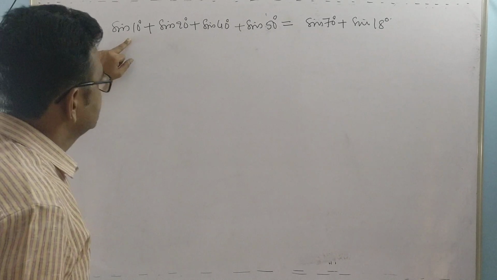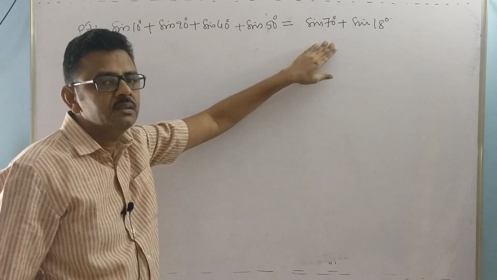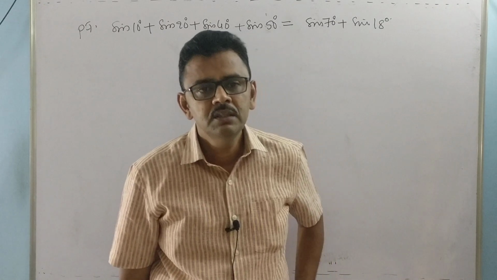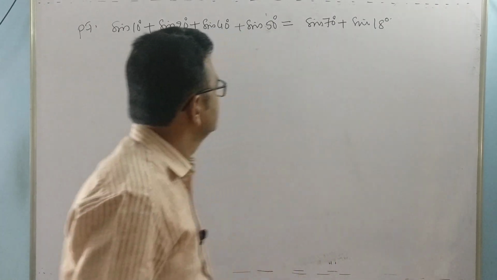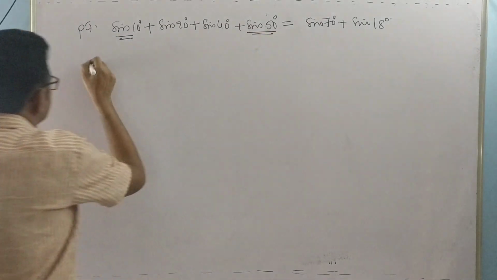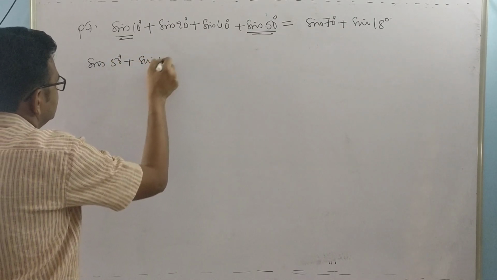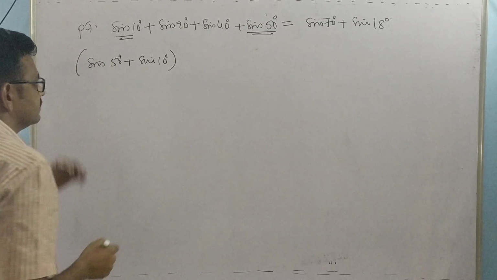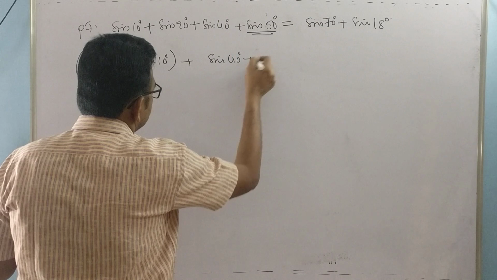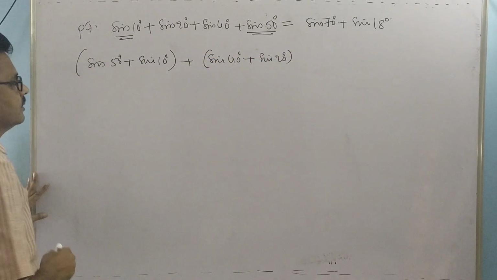So prove this result. This transformation completely depends on only four formulas: sin C plus sin D, sin C minus sin D, cos C plus cos D, and cos C minus cos D. Now you can write these as one combination, that is sin 50 degrees plus sin 10 degrees, plus sin 40 degrees plus sin 20 degrees as another combination.